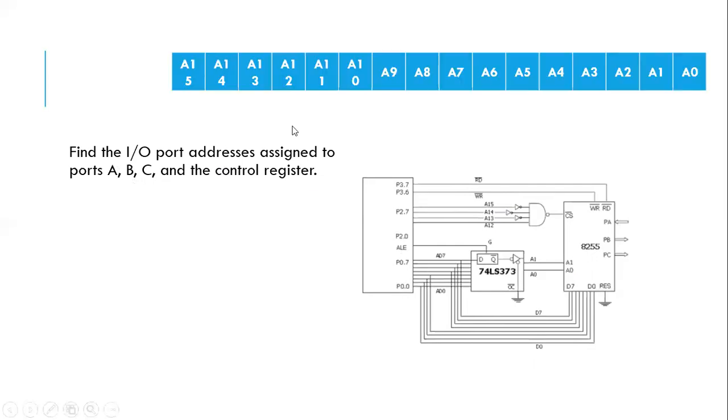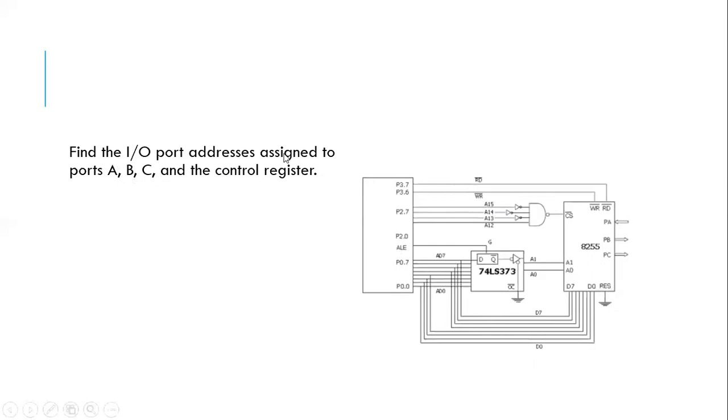So what will we get here? Yes, we will get the value. For this configuration, we have to find out what values we have to load into the control register, and particularly first the in-out port address. So through these data address pins, what values do we have to pass?